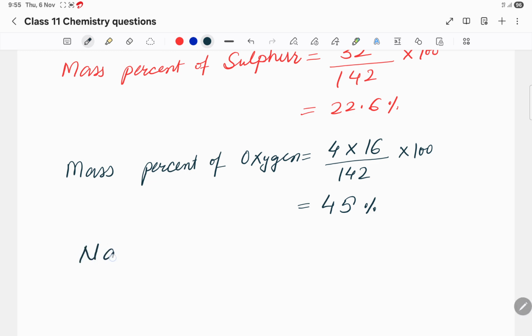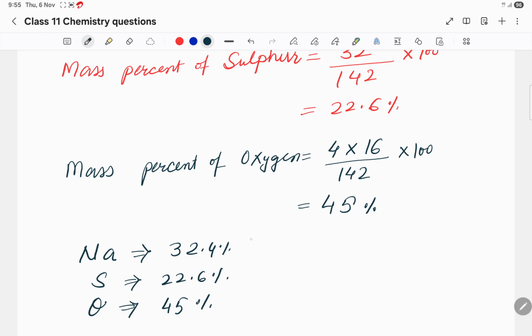So these are the percentages of all the elements which are present in sodium sulfate. So sodium is 32.4%. Sulfur's mass percentage is 22.6%, and oxygen's mass percentage is approximately 45%.